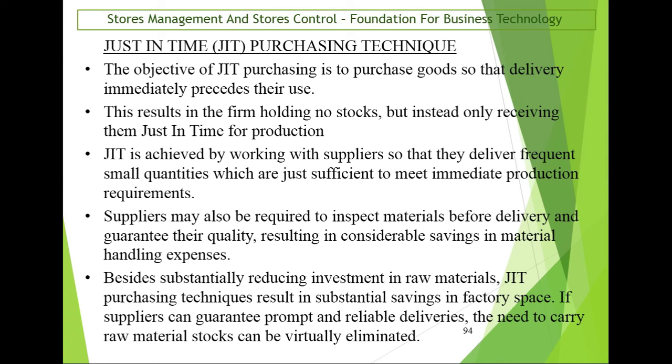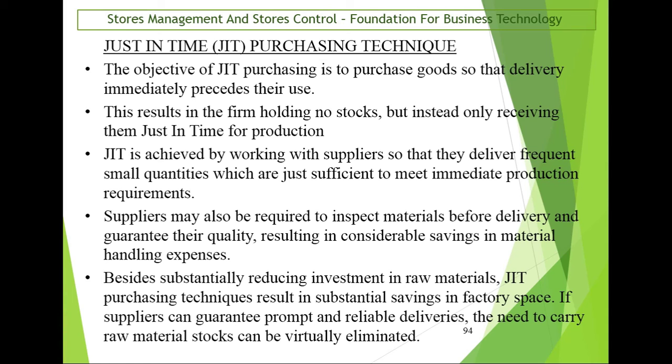Then we also have what is called the just-in-time purchasing technique. The objective of just-in-time purchasing is to purchase goods so that delivery immediately precedes their use. So the main objective is to ensure that we do not hold stock at hand.